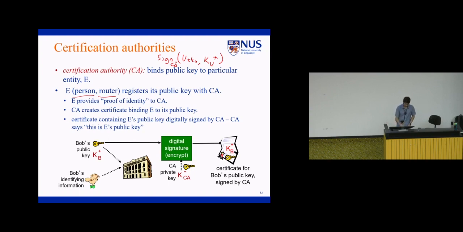And then if the certificate authority is convinced about that link, the fact that I am indeed Utku, then it will create a binding to my public key. So I sent my identity, and I sent a public key which I want to use, and the certificate authority binds that by means of signing it.